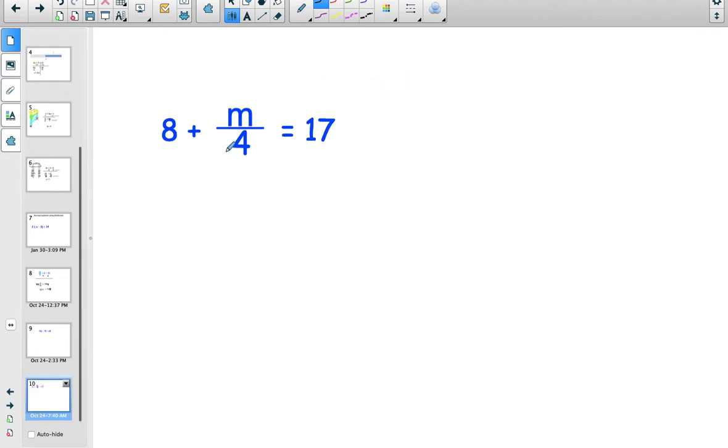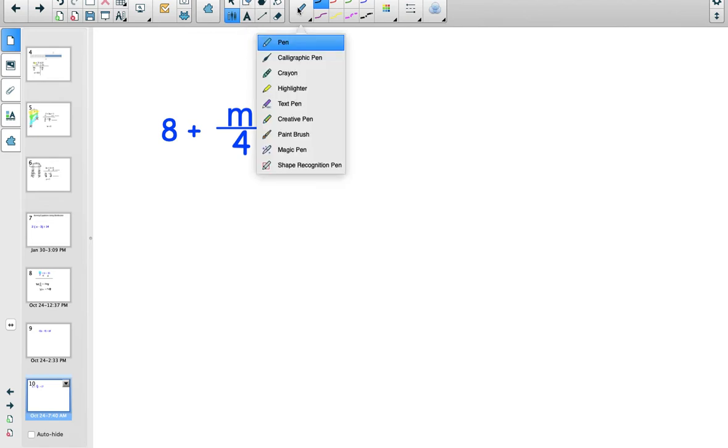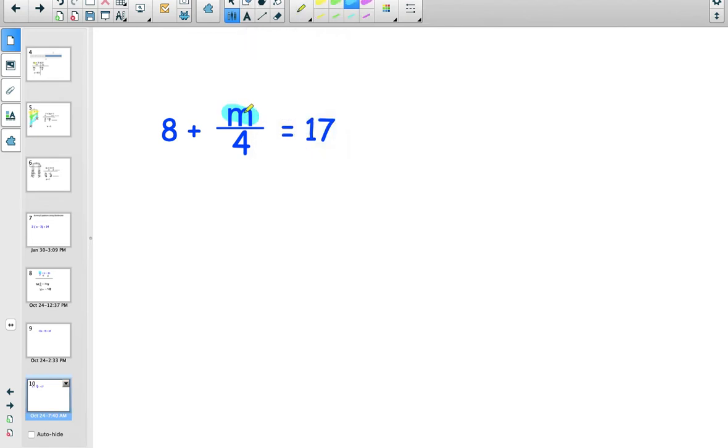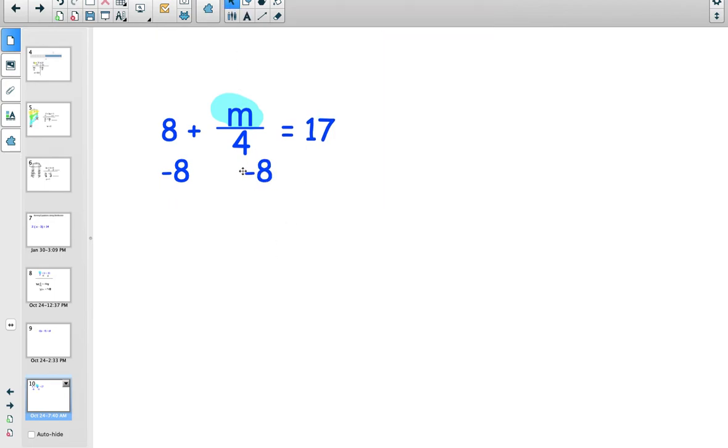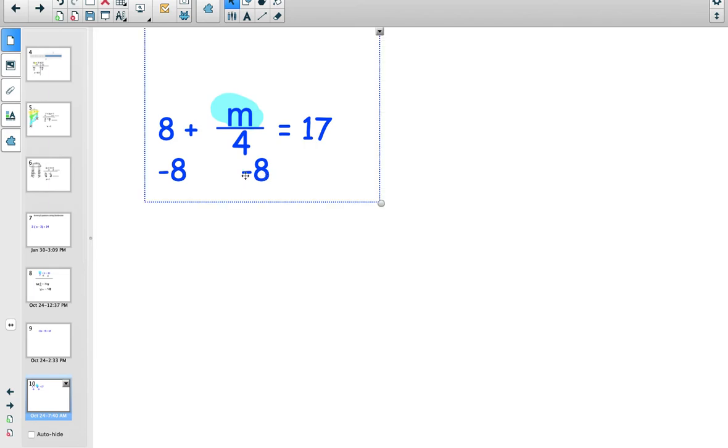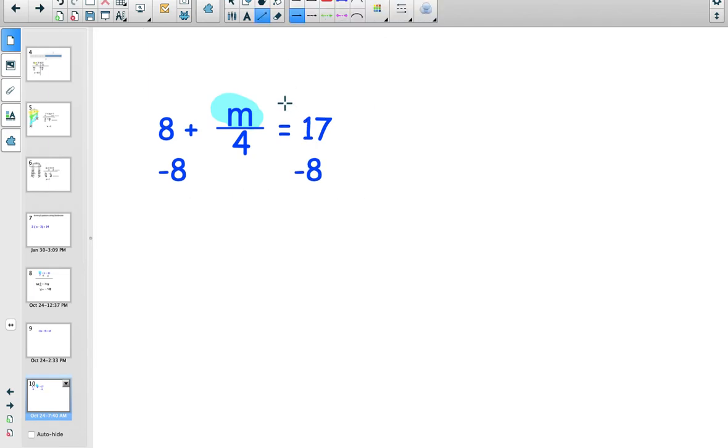Let's try another one similar to that. I want to get m by itself on this example. So I've got to get rid of 8. So what's the opposite of plus 8? It's going to be minus 8 on both sides. All right, let's clean it up.